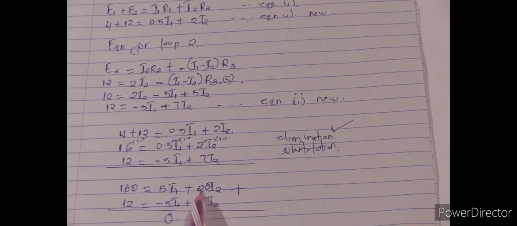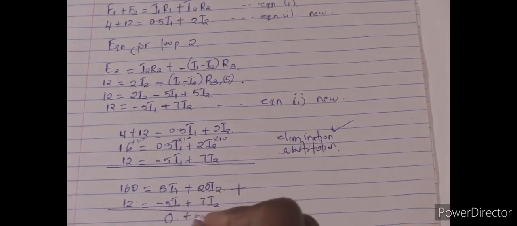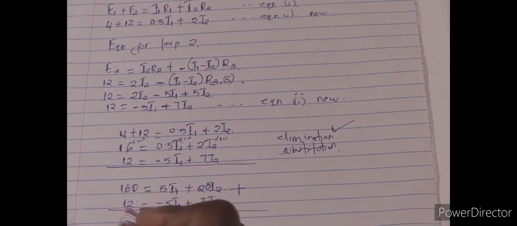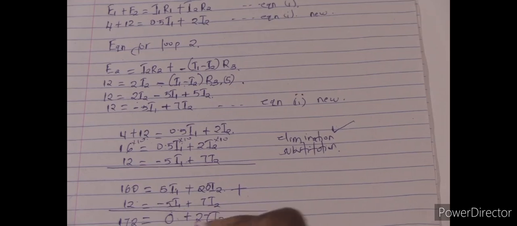Then the next one is 20I2 plus 7I2. You get plus 27I2 equals 160 plus 12. You get 172.